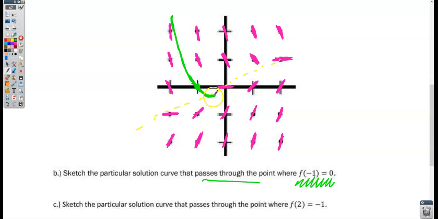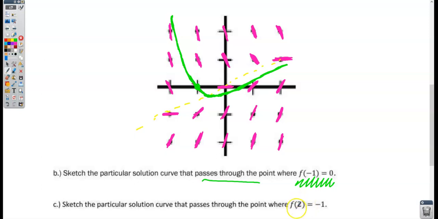So what happens here is this gets kind of close, and right about here it hits the line where the slope is 1/2. And then from there, the slope field is just going to continue to go upward with a slope of 1/2. And there's our solution curve that passes through that point. Okay, and your solution curve when you sketch one of these should be fairly close. There's going to be a little bit of room for error and interpretation, but it should be fairly close.